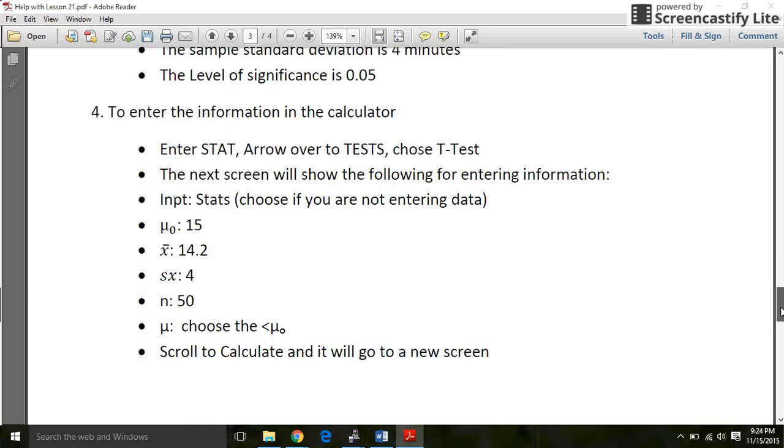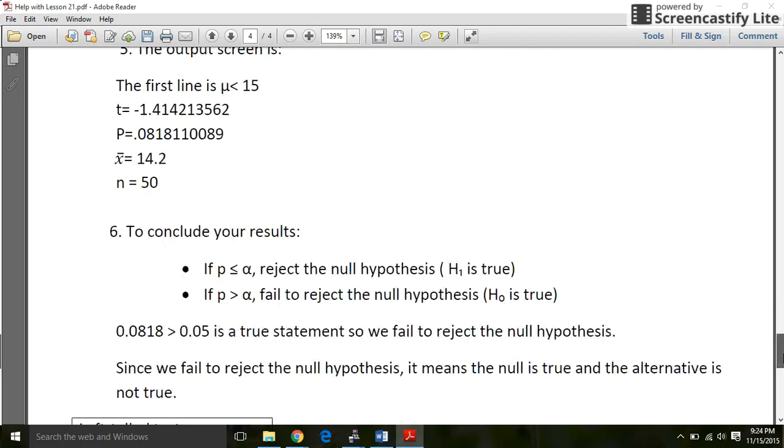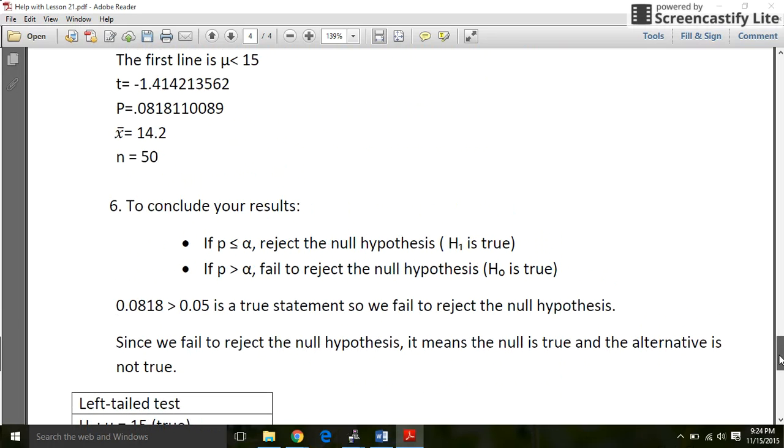So if I go down here and I put it in, this is what I'm looking at, okay? So is 0.0818 less than 0.05? And that's not a true statement. Because it's greater than that, I fail to reject the null.